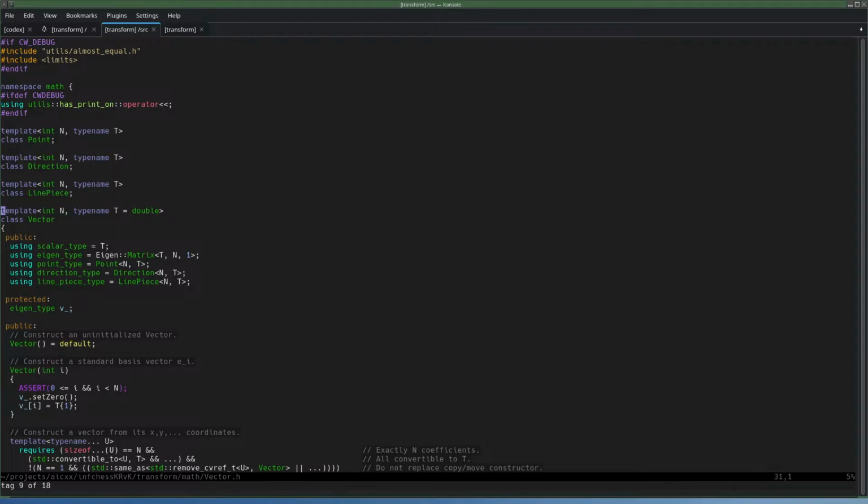Yeah, that you would start to wonder. It's just going to be a thin wrapper around an Eigen type. Do I really have to define my own class for this? In the end, it's always handy.